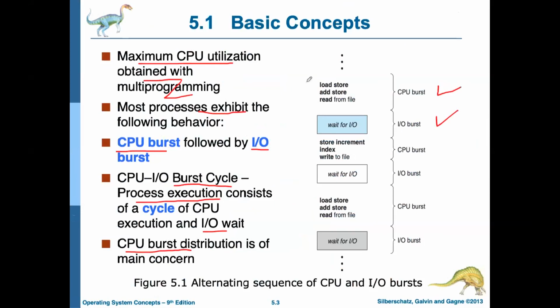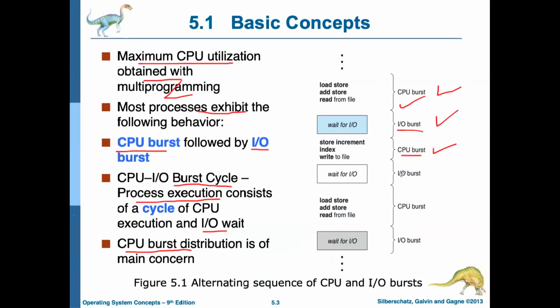Okay, so this is the figure, which is an alternating sequence of CPU and I/O burst. You can see CPU burst, I/O burst, CPU burst. So it is alternating. It's like round robin. They give opportunity for the main program to have a CPU and also I/O.